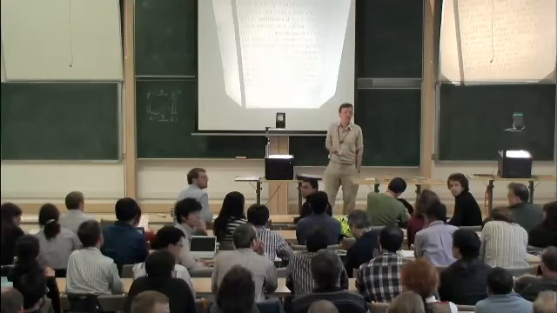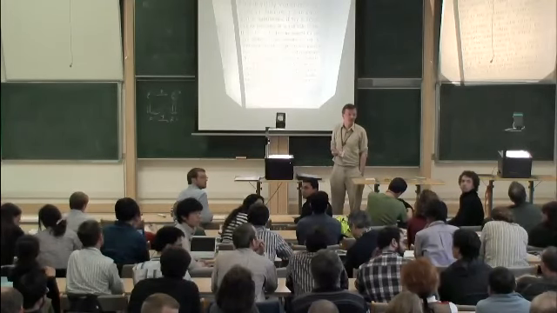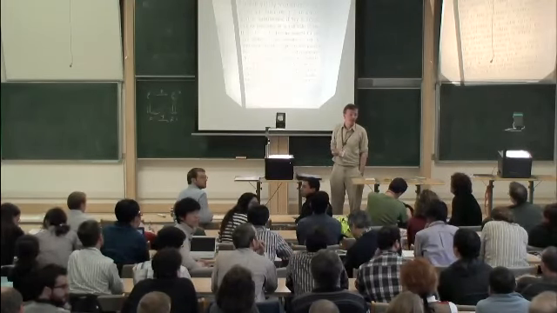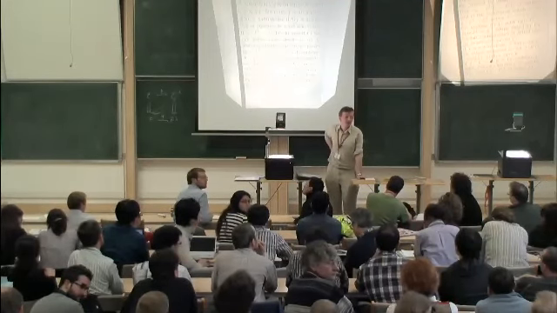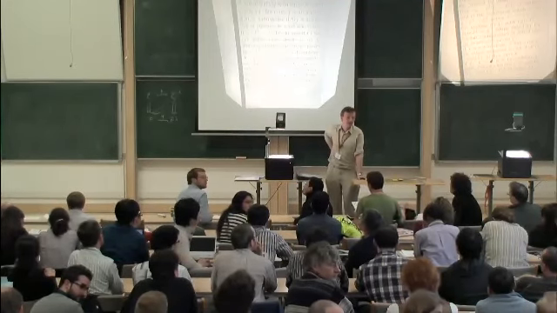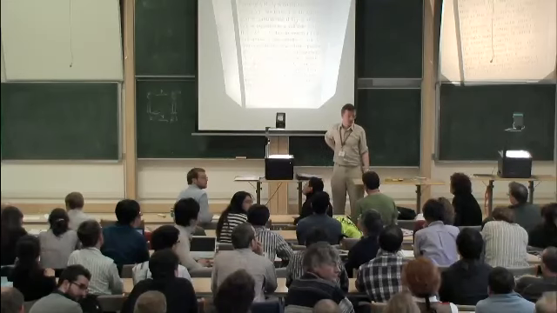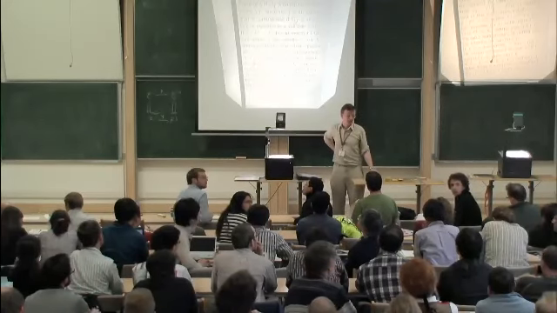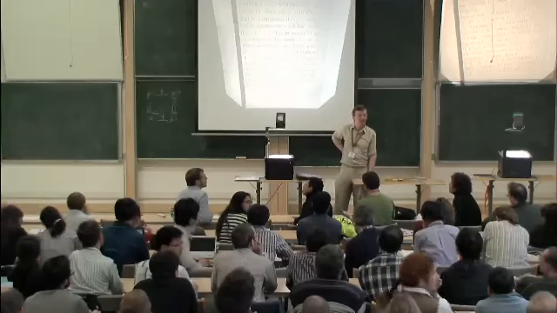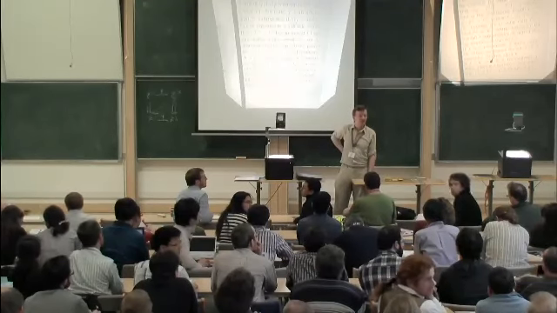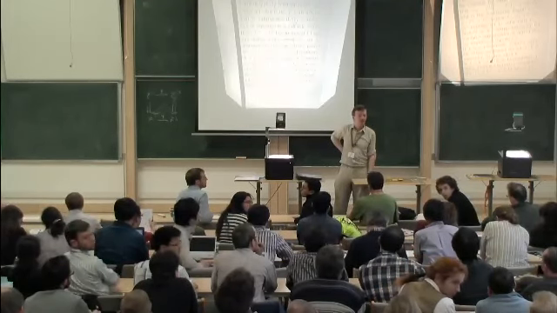Yeah? What about fiber products in derived spaces? Do they respect weak equivalences? So if I want to take a fiber product of a diagram and I replace everything in this diagram by something weakly equivalent, will the fiber products be weakly equivalent? What's a weak equivalence? Oh, an equivalence in this category of derived spaces.